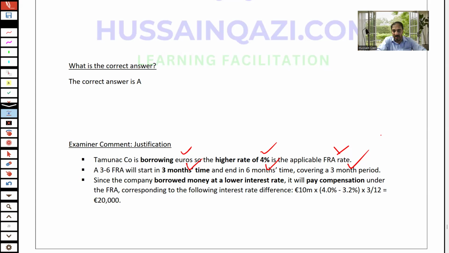Since the company borrowed at a lower interest rate, the actual rate has reduced to 3.2%. The company needs to pay compensation under FRA, corresponding to the interest rate difference, that's $20,000. We have already done that.